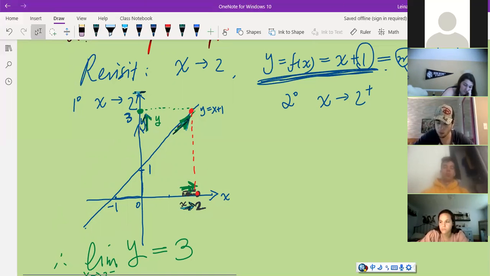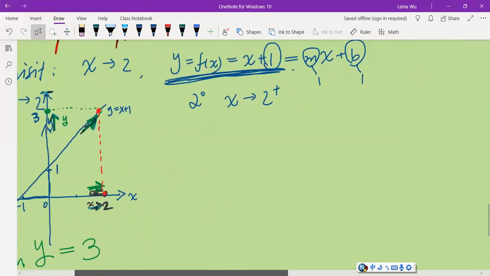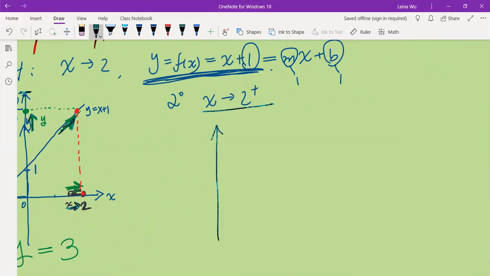Okay, so with this same rationale, can we try to use the graph of y equals x plus 1 to figure out the limit of the function when x is approaching 2 from the right? Same graph, right? 0, 1, 2.